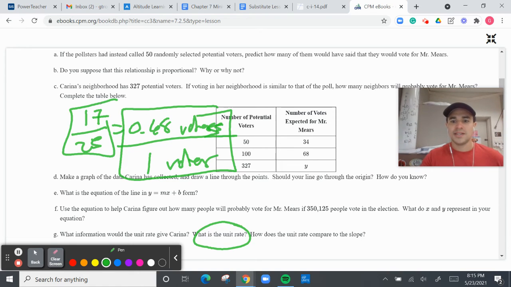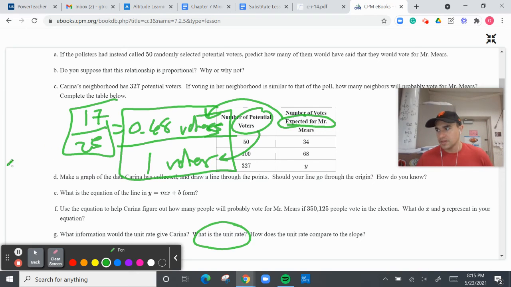So 0.68 expected votes out of the potential voters. And that's what you would do. Yeah, so the key here is you want your unit rate to be out of 1. That's how you find the unit rate. So just divide it by 1 or put the 1 at the denominator.